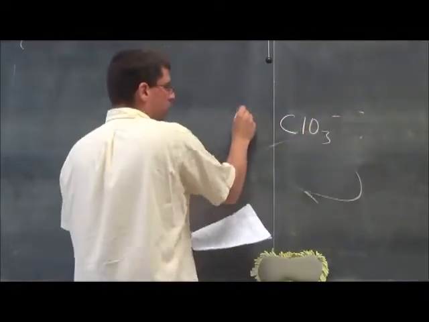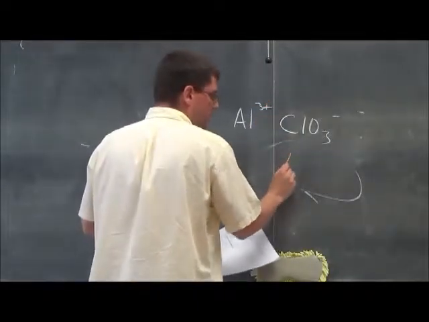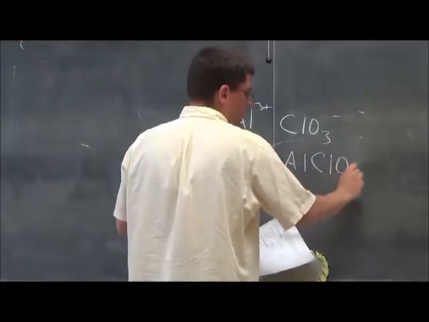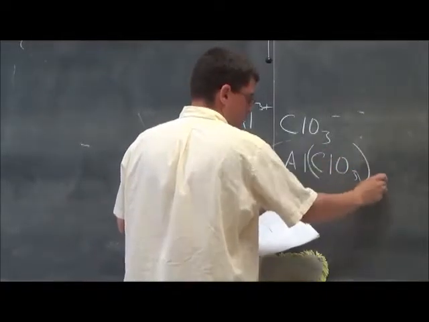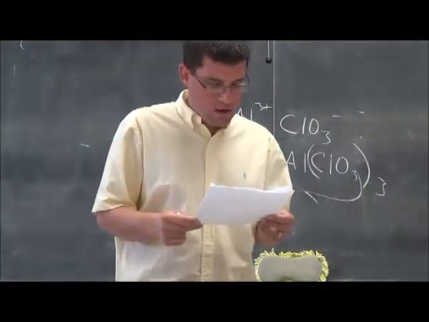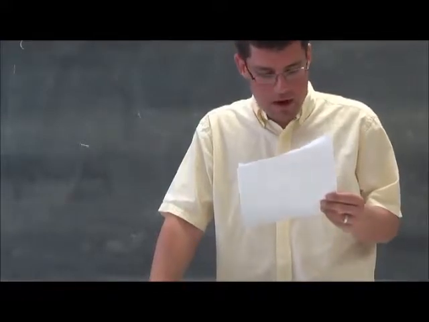ClO3 negative. What's aluminum? Al3 plus. Well, you're given your formula there. Look here. AlClO3, aluminum chlorate. Potassium permanganate is the next one. I already gave you that one before. Gold, Roman numeral 3, chlorate, and ammonium bromide.